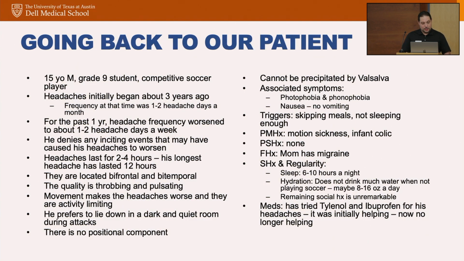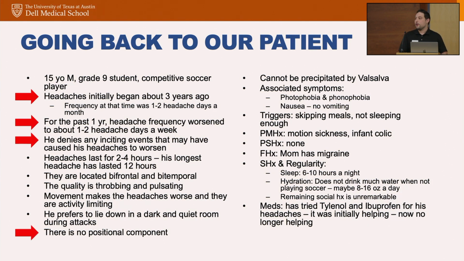So going back to our patient, his headaches began 3 years ago, so there's definitely some chronicity to his headaches. His headaches did get worse. However, this has been going on for over a year, so they're still chronic. He denies any inciting events that may have caused his headaches to worsen.